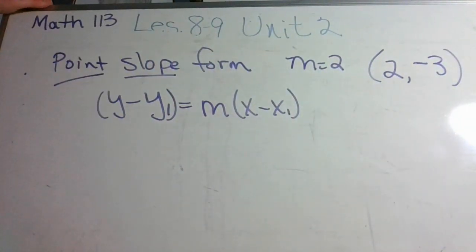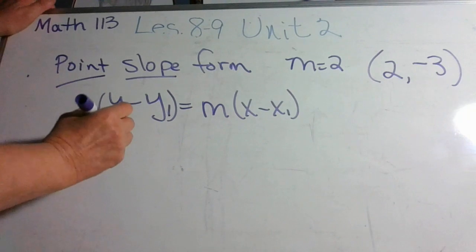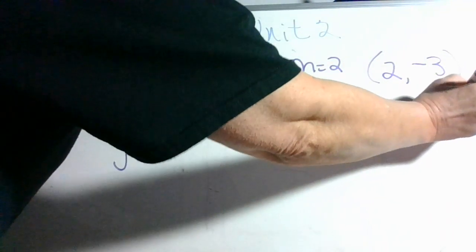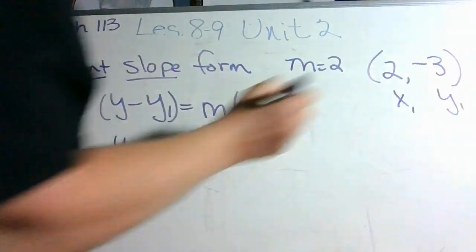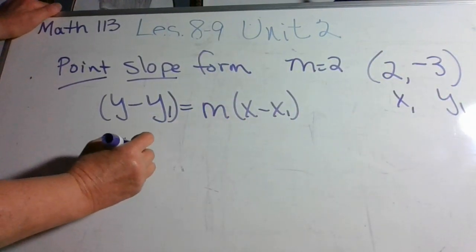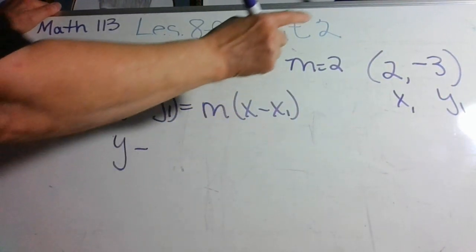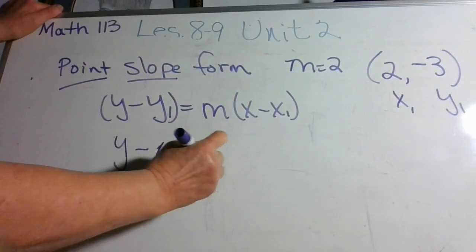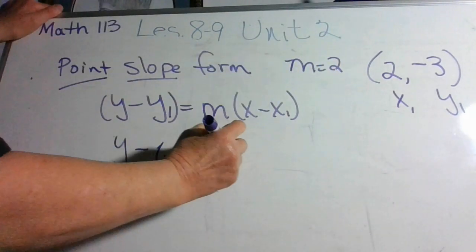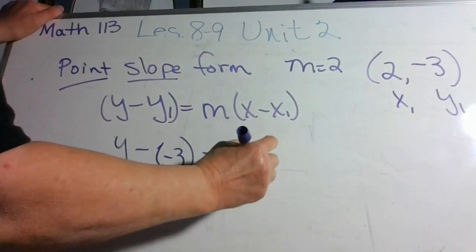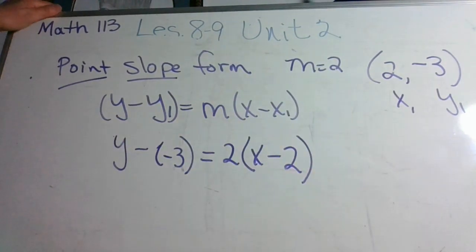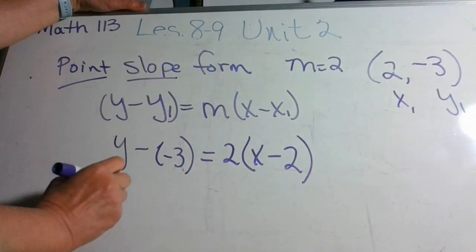So I'm going to come over here, and y, I'm going to leave it like it is. This is y1 and this is x1. So y minus a negative 3 is equal to, the slope is 2 times x subtract 2. That's kind of messy.